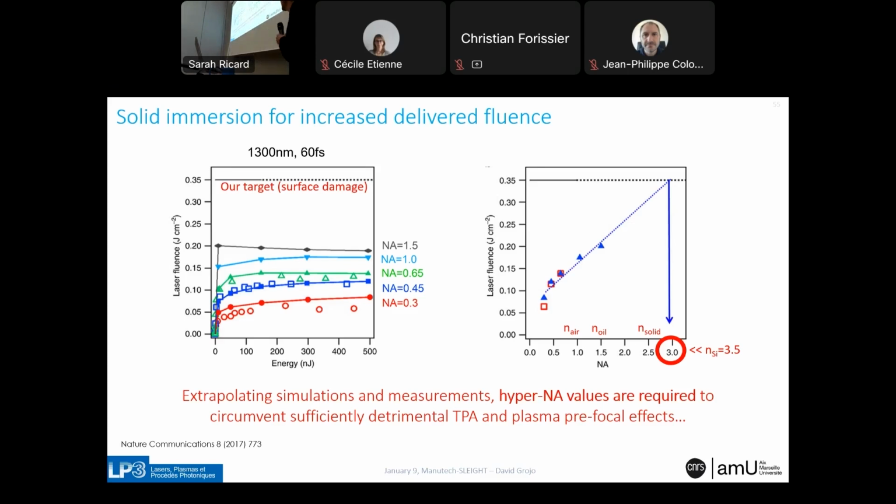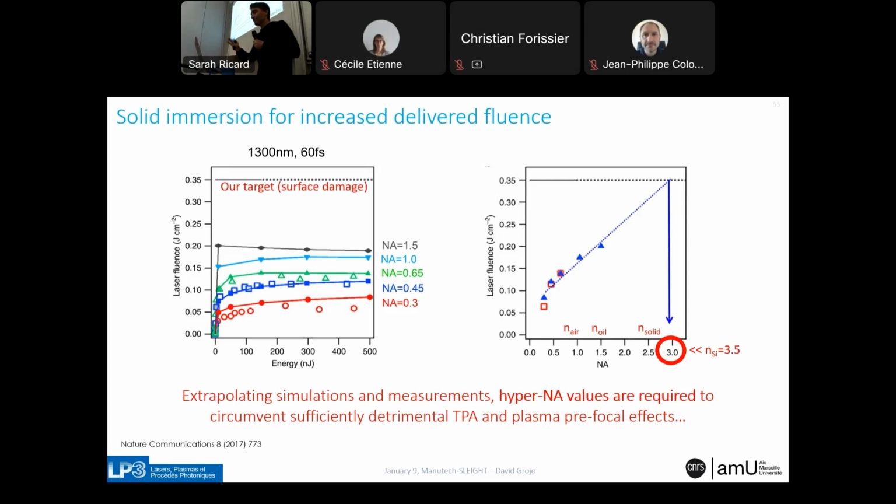And in the same way we use oil immersion to achieve imaging or processing with numerical aperture up to 1.5, if we go for solid immersion focusing techniques, we can rely on numerical aperture up to 3.5 in silicon.